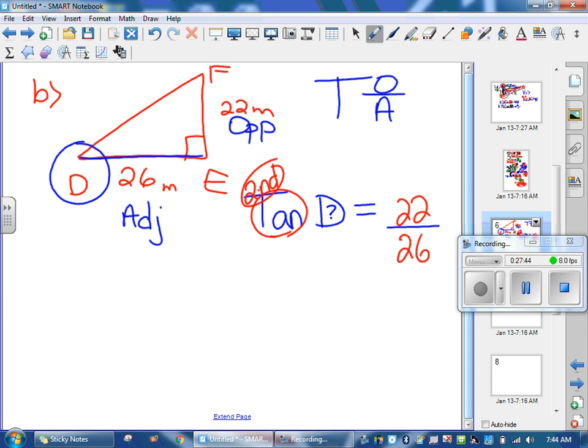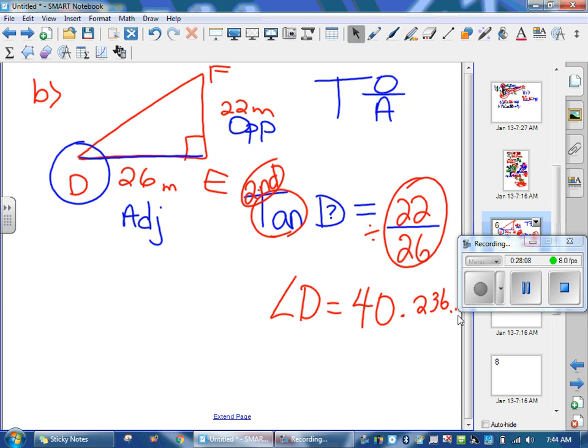So, second tan, 22 divided by 26. That's going to give us angle D is 40 degrees. We get 40 decimal 2, 3, 6, etc. It runs on forever. But when we're solving for angles, we typically round to the nearest degree, unless it tells us otherwise. So that means angle D is 40 degrees.